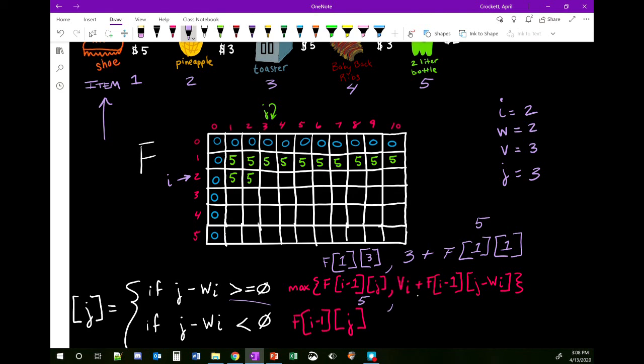So 5 or 8, which is 3 plus 5. So 8 will be placed right there in that cell.